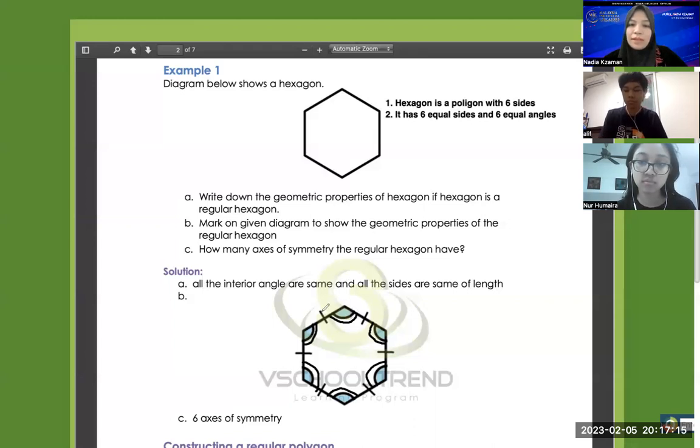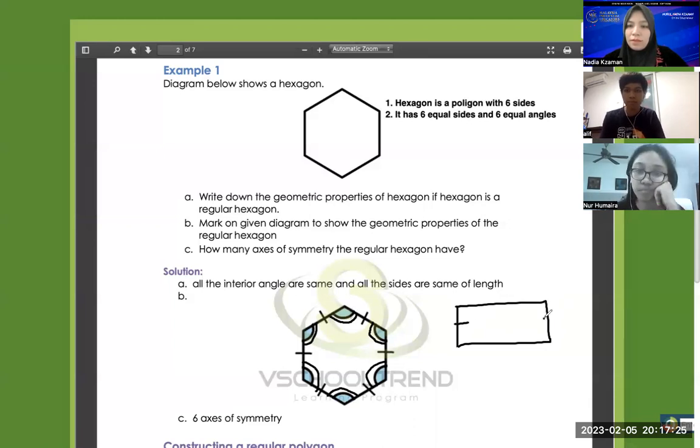What you can do is indicate with one line and double lines. So let's say you have this one, you indicate one line for one length, and then the other one with two lines.